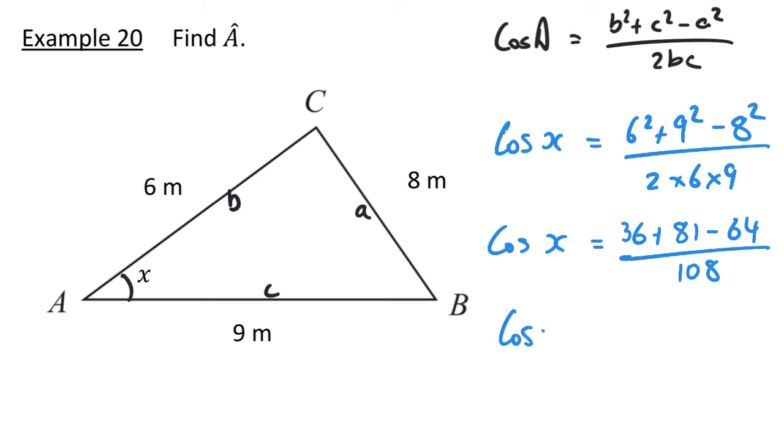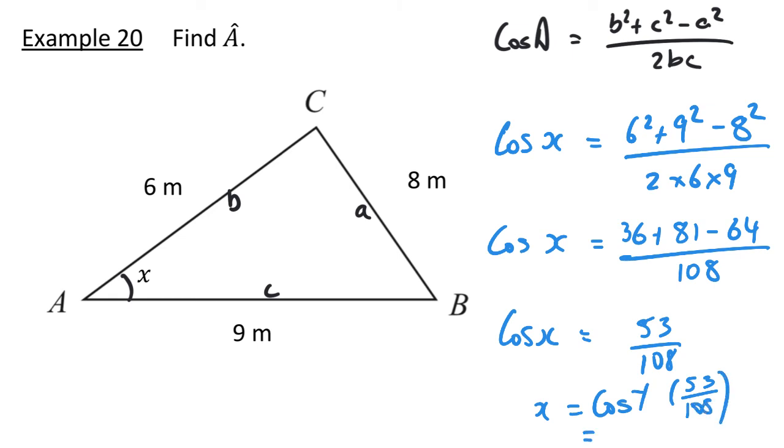So the cos of X is 53 over 108. So X is cos to the minus 1 of 53 over 108, which is 60.6 degrees to 3 significant figures.